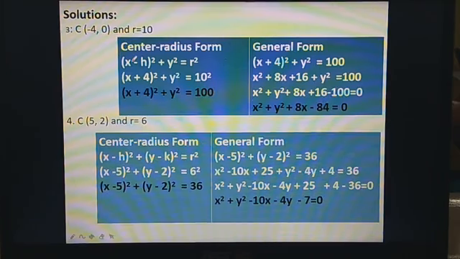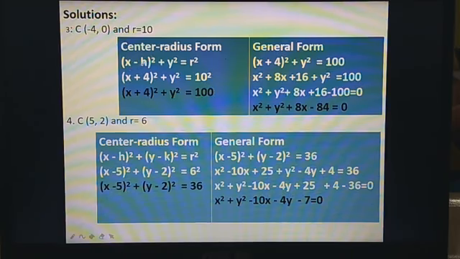So the equation in center radius form is the quantity of x minus h squared plus y squared. Kasi wala tayong isa-substitute na non-zero number for k. So this is only y squared equals r squared. So mag-substitute na tayo. X minus the value of h, negative 4.